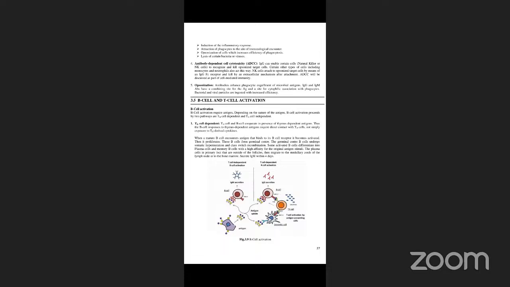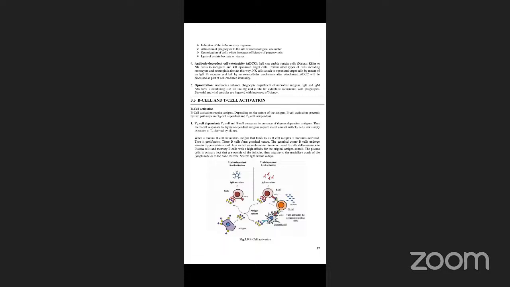The next is antibody dependent cell cytotoxicity, which is also called the ADCC mechanism, where IgG makes the natural killer cells recognize the target cell, whether it is a cancer cell or anything foreign. And they will kill.